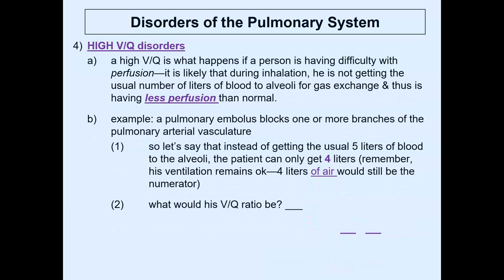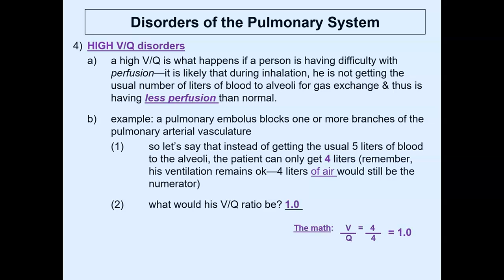On the high VQ disorders, these will be patients who have problems with perfusion. There will be less perfusion than normal. So again, if we have a problem that's causing a blockage or decrease in the amount of blood that's supposed to be zooming through the lung and getting access to all those alveoli, instead of 5 liters, it's only 4 liters.